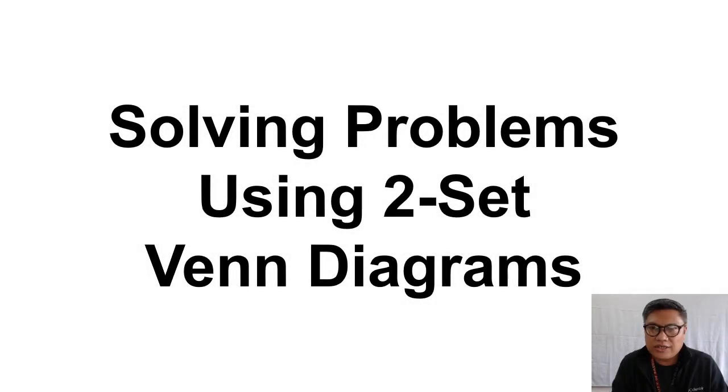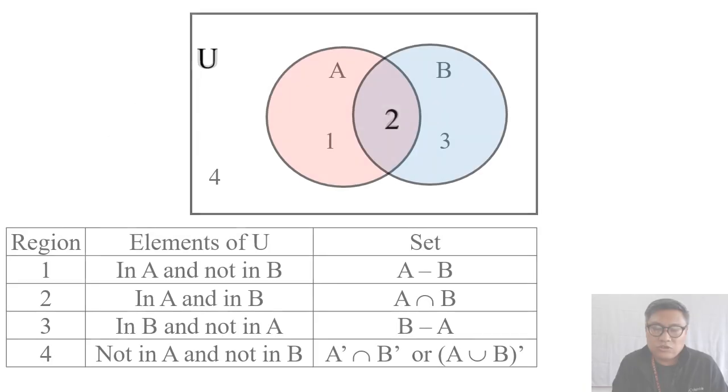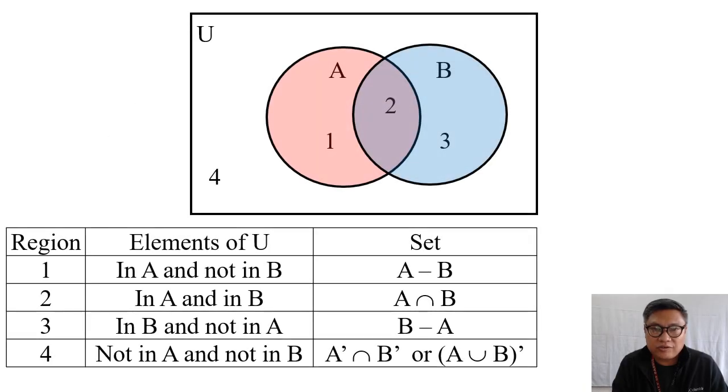Class, for today's video, we're going to solve problems using two-set Venn diagrams. When you solve Venn diagrams that have only two sets, typically we have four regions.